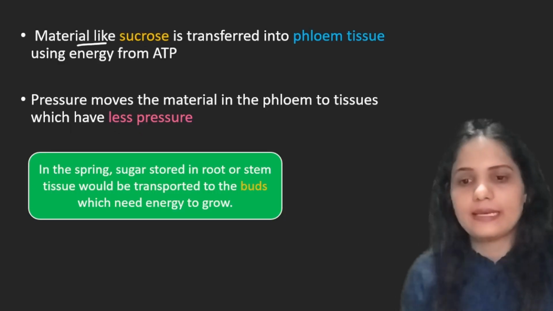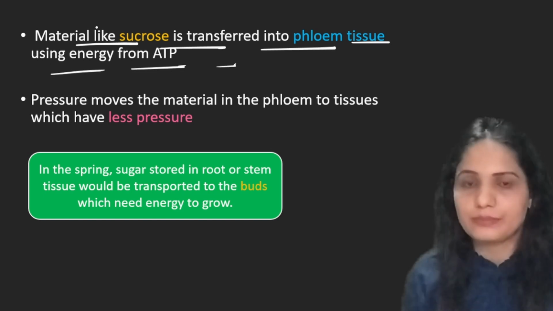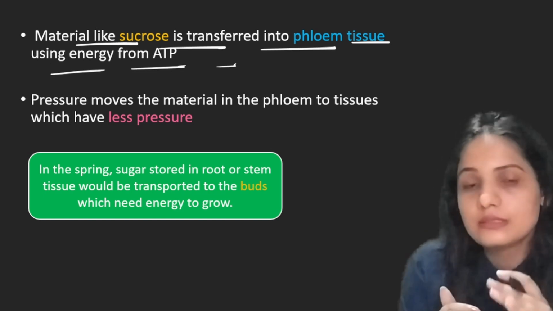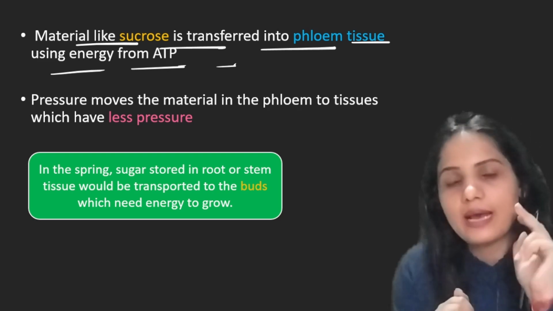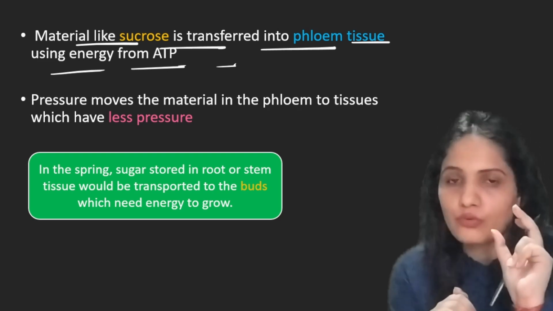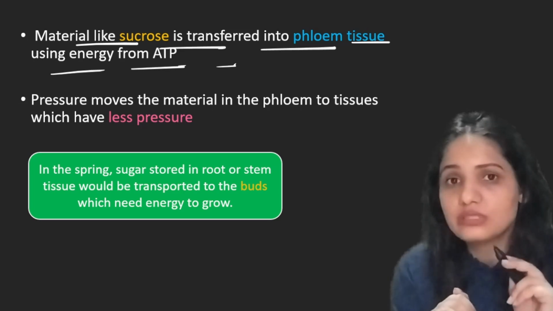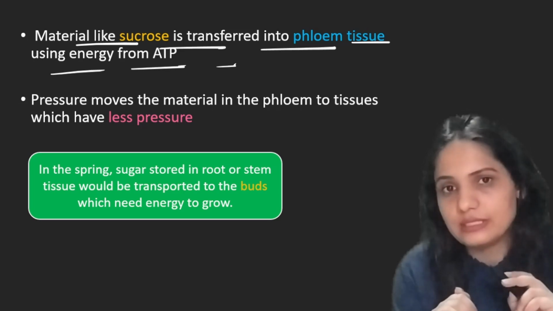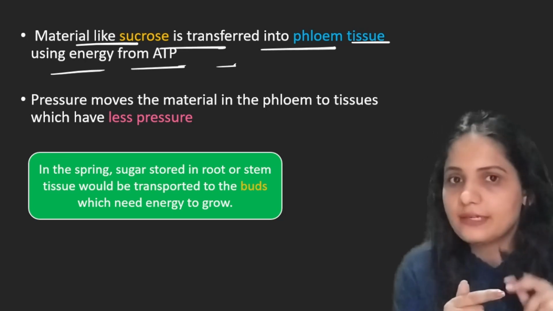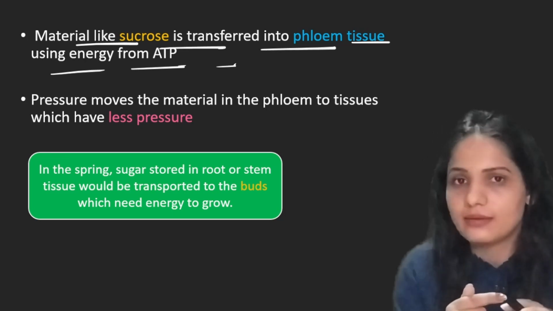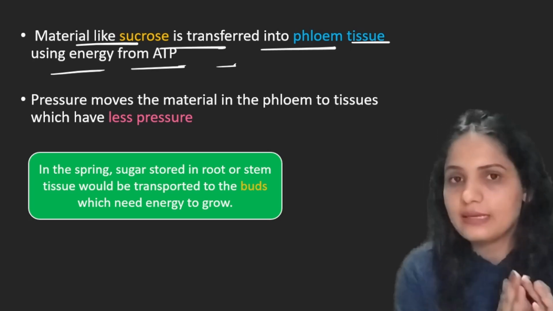Next, material like sucrose is transported into phloem tissue using energy from ATP. Whenever the plant transports sucrose, a carbohydrate, from the leaves to the other parts of the plant, energy is needed for this task, and that energy is supplied in the form of ATP, as ATP is the energy currency of the cell.